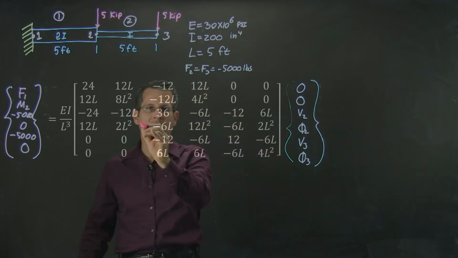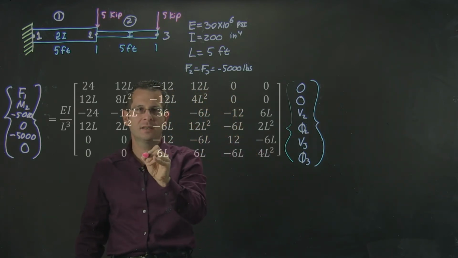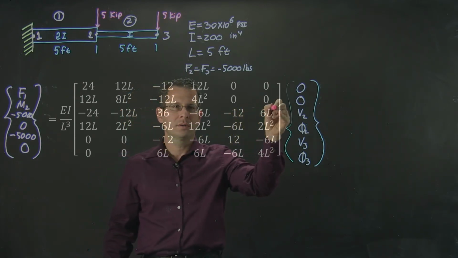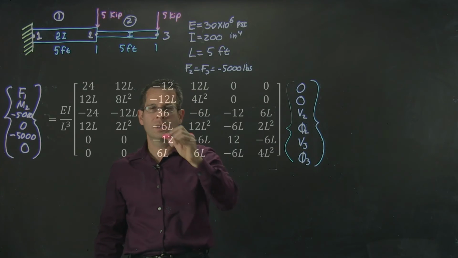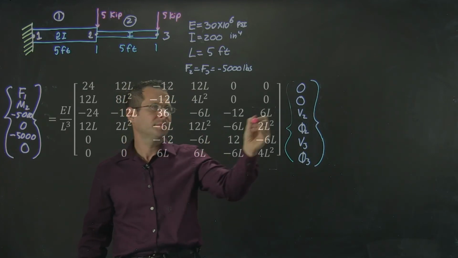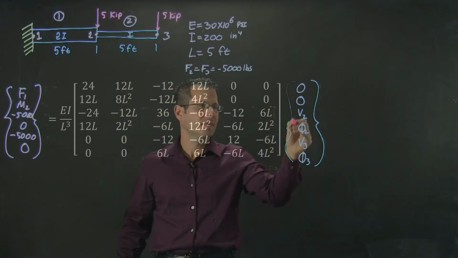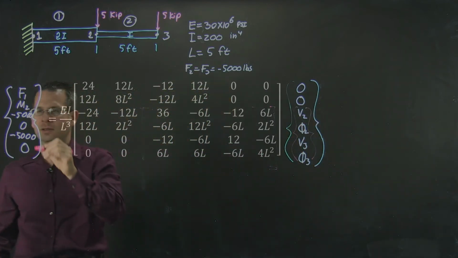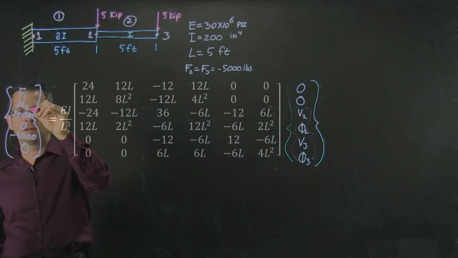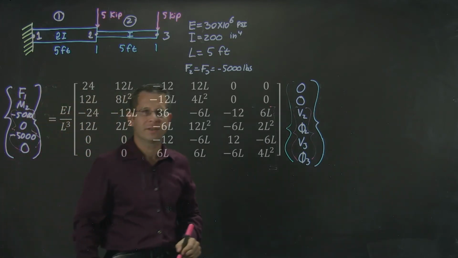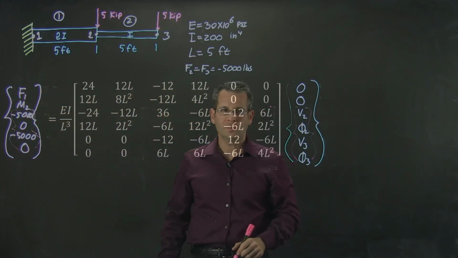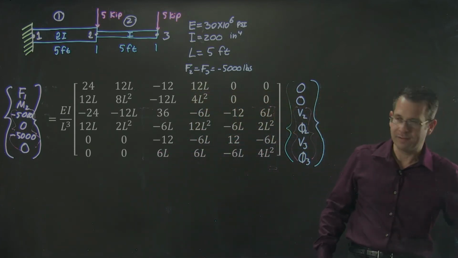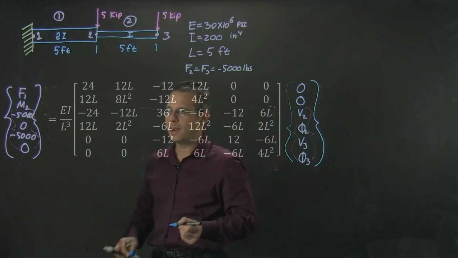What I'm going to be solving for is these four unknown values here, this vector and this vector. Once I have those and I've solved that, I can find my unknown displacements.